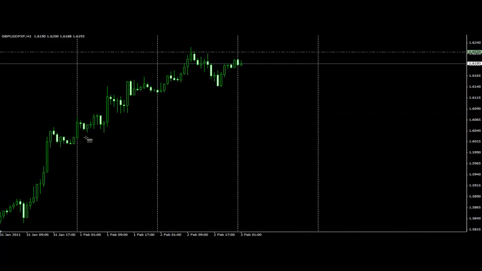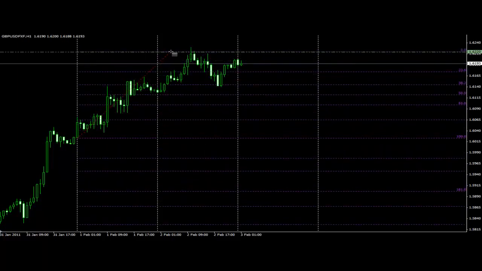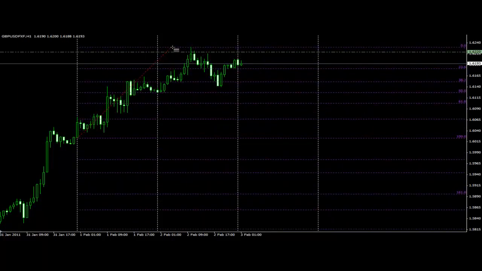Okay, now we're going to take a fib from the previous day, and we're going to drop that in from the low to today's high. Okay, and this is a 38% retracement level in here.